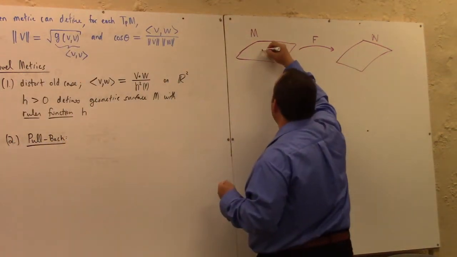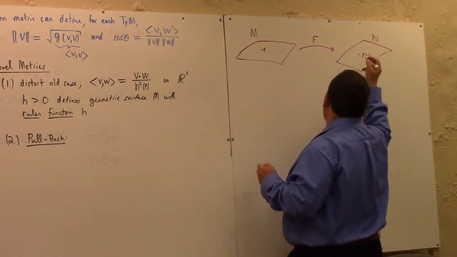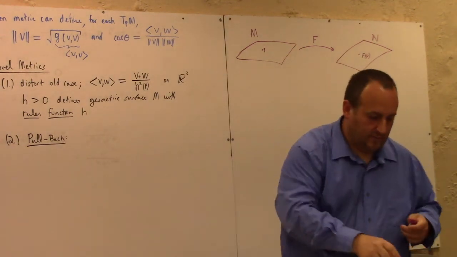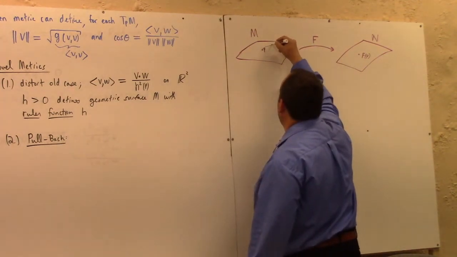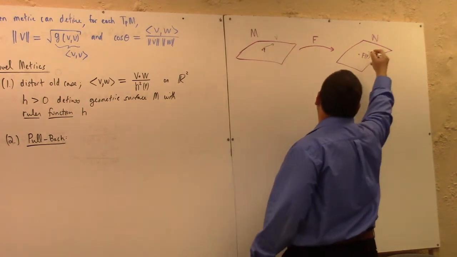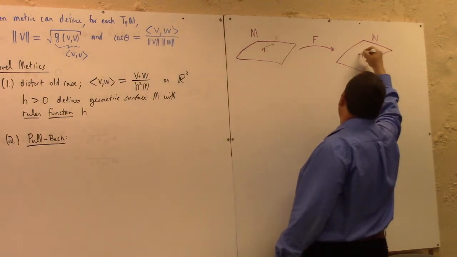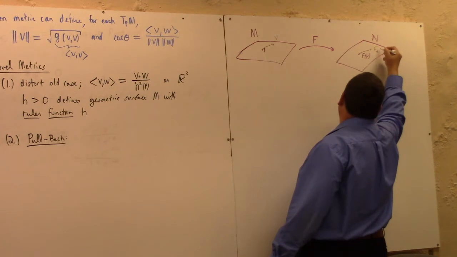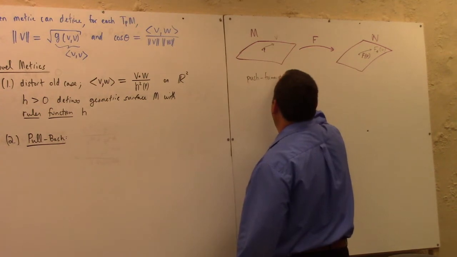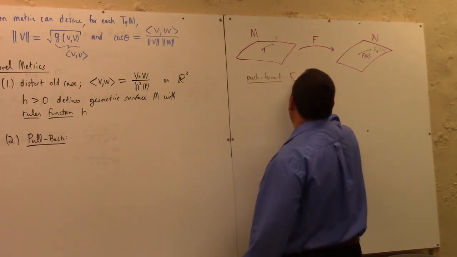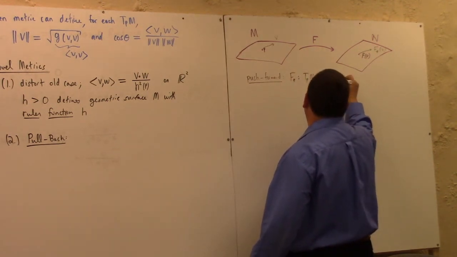If this is point P, and this point over here is, let's say, F of P, then if I have a tangent vector V, I can talk about the push forward of this vector over here to the other tangent vector over here, which is the so-called F star V. So push forward F lower star is a mapping from the tangent space at P to M to the tangent space at F of P to N.